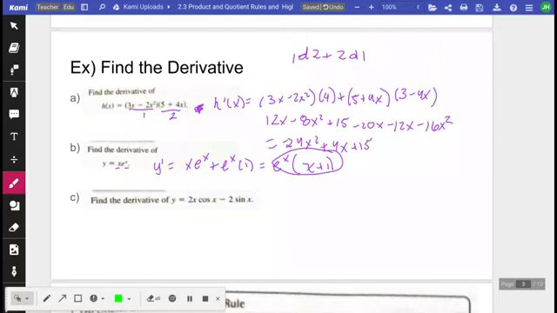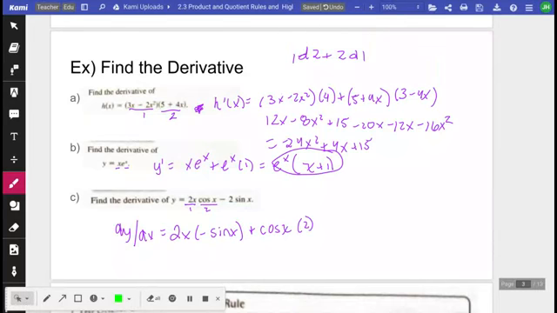Last one, this is not a product. The second thing, the 2 sine x is, but this is a product. So we'll do the product rule on this, but we'll just do regular on the other. I will use a different notation this time. I will have my first function times the derivative of my second function plus my second function times the derivative of my first function.